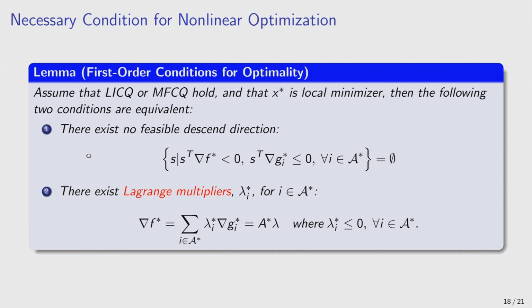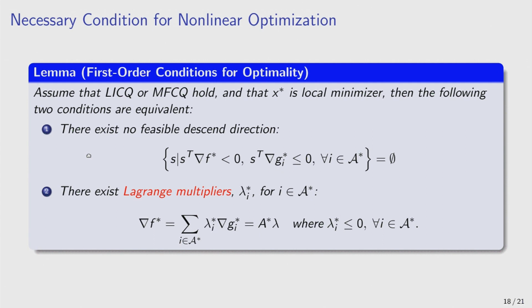Okay. And so here's the main lemma that we have, the first order conditions for optimality for inequality constraints. So the condition is again that the set of strict descent directions that are feasible is empty. And again, we can reformulate that and say there exist Lagrange multipliers such that this condition holds, where we can again write the gradient of the objective as a linear combination of the gradient of the constraint.